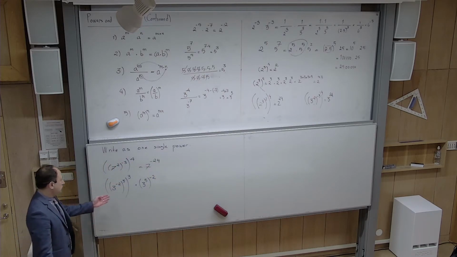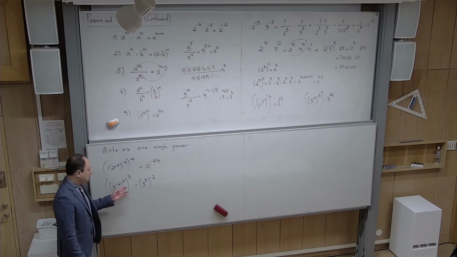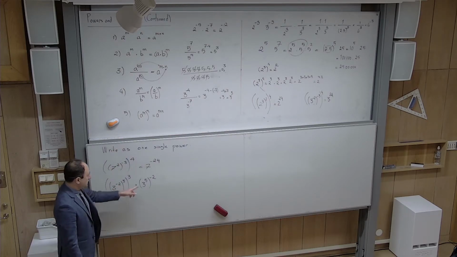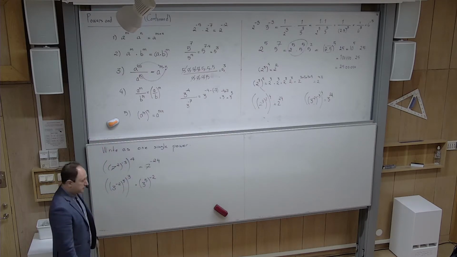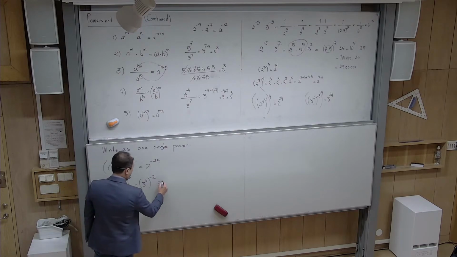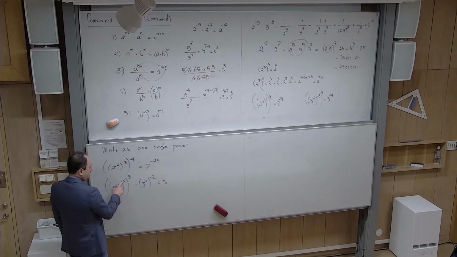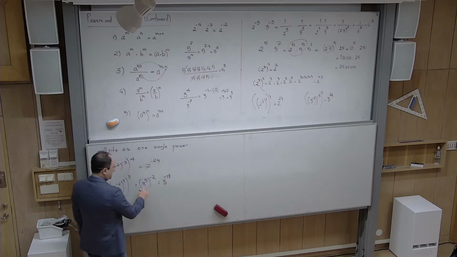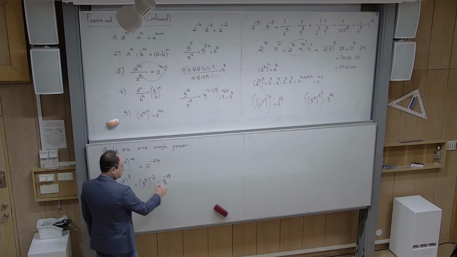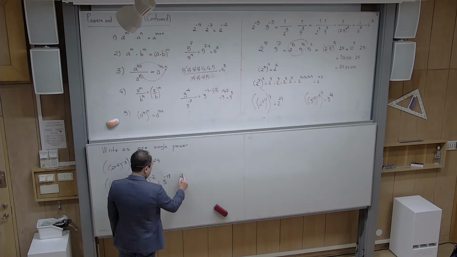Yes, what should I do here? I have two different rules. The last rule is used here and here, and then the first rule is used after that. So here I should write 3 to the power of minus 2 times 3 is minus 6, times 3 is minus 18, then 5 times minus 2, so it becomes 3 to the power of minus 10.